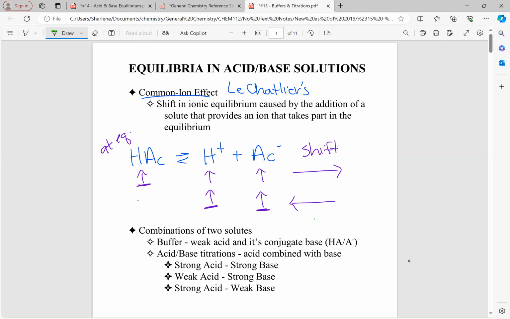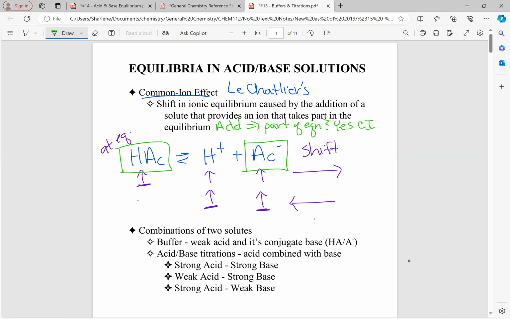So, what you added, is it already part of the equation? If that answer is yes, then you're just dealing with a common ion. But there are different types of common ions. This one has a very special relationship.